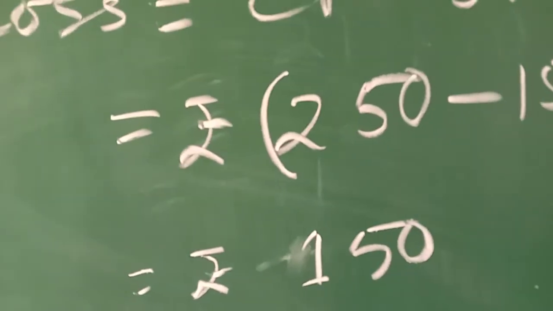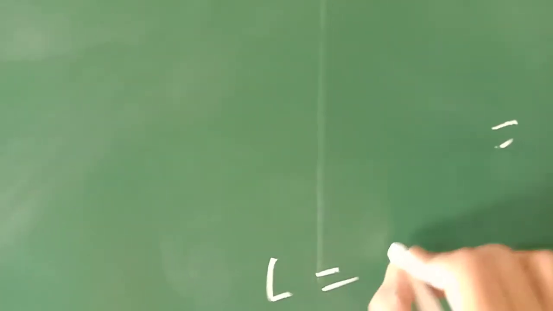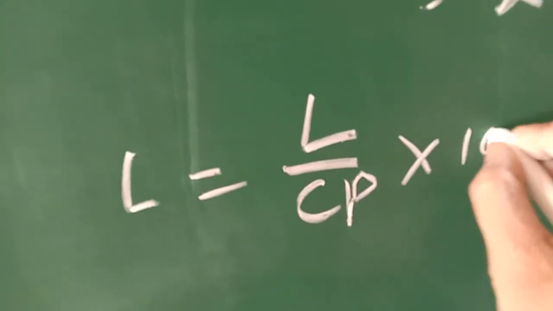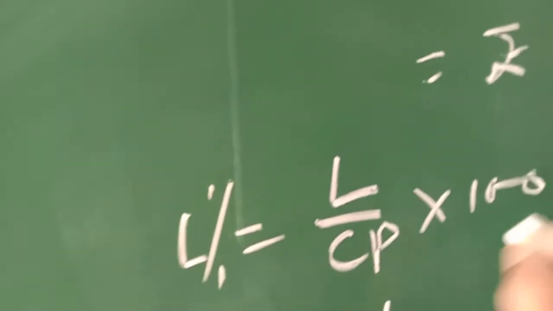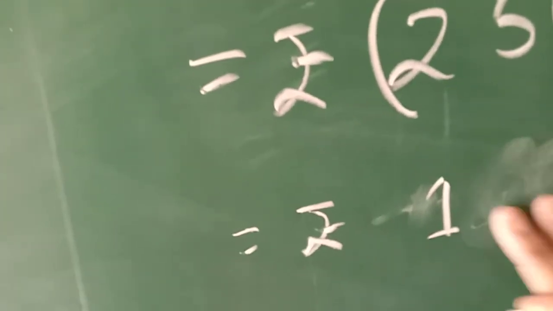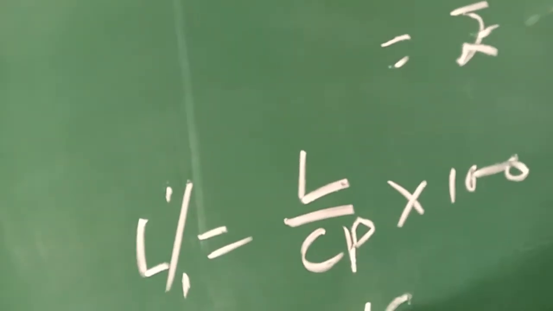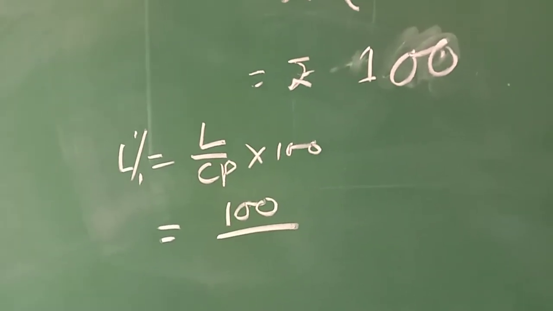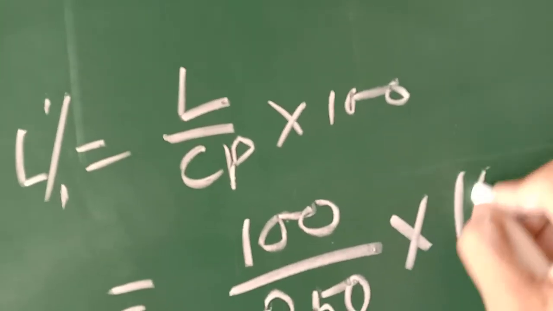It is rupees 100 is the loss. So loss percent equal to loss by CP into 100. Sorry, here it is 100. I have made it wrong. Loss percent, 100 by CP. CP is 250 into 100.